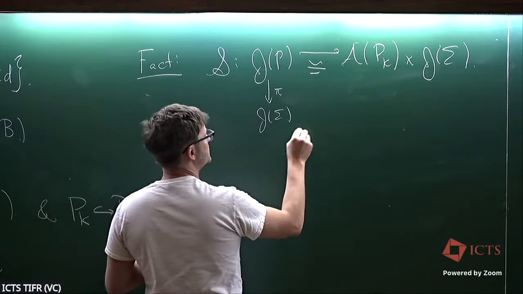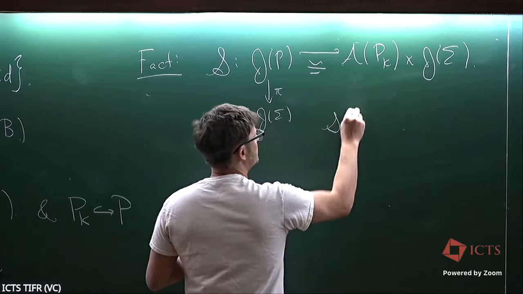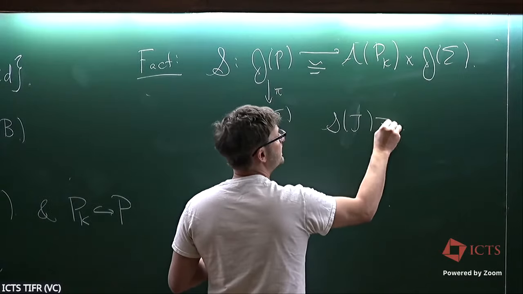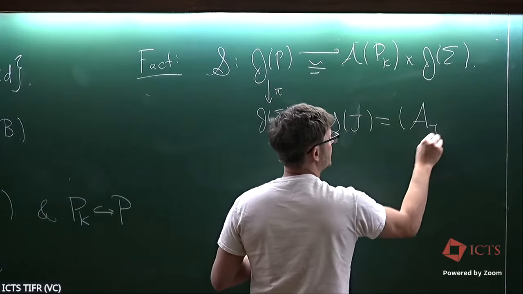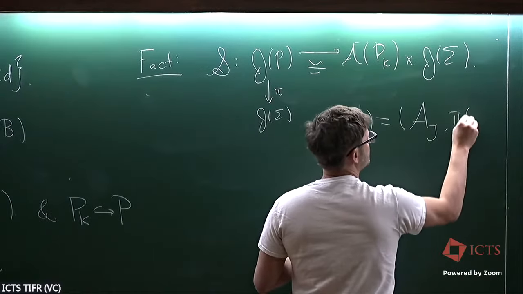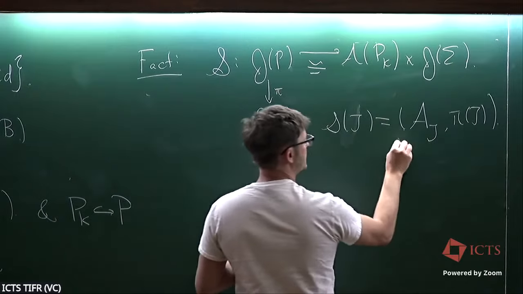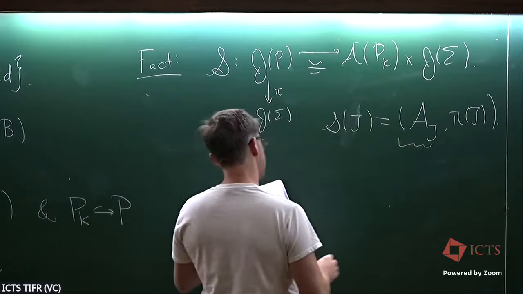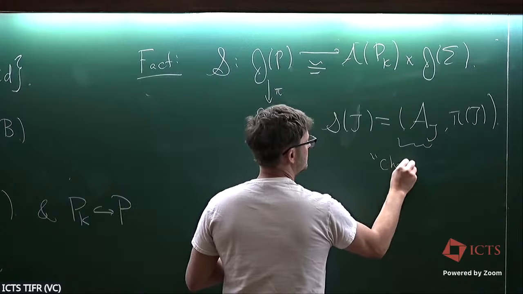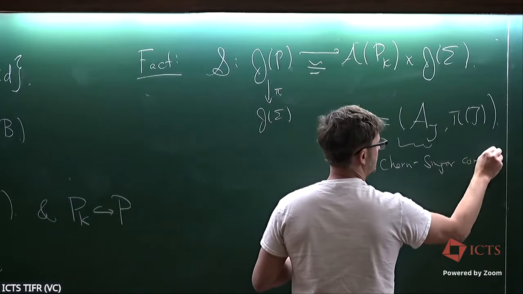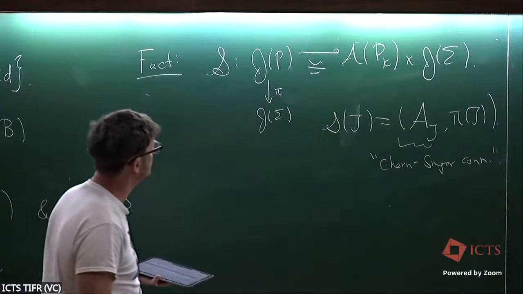Okay, and so what does it do? It takes a J and sends it to something I'll call A_J, and then I_J, the one induced downstairs. And this guy is the Chern-Singer connection associated to J.